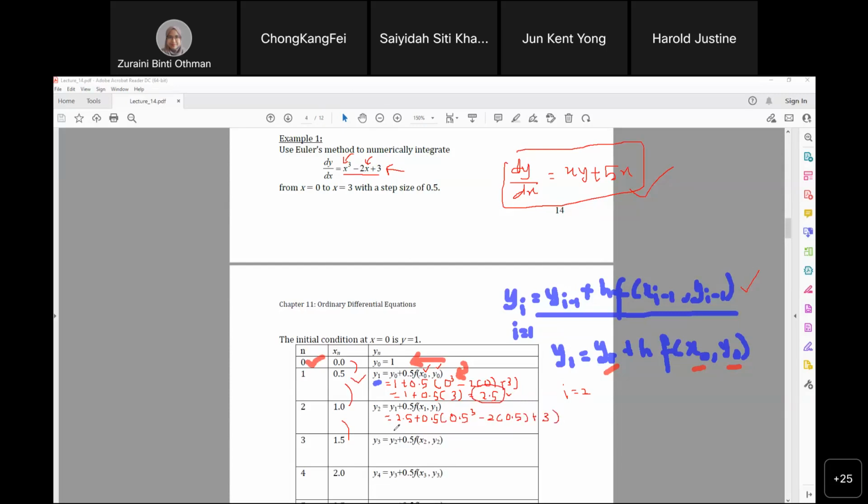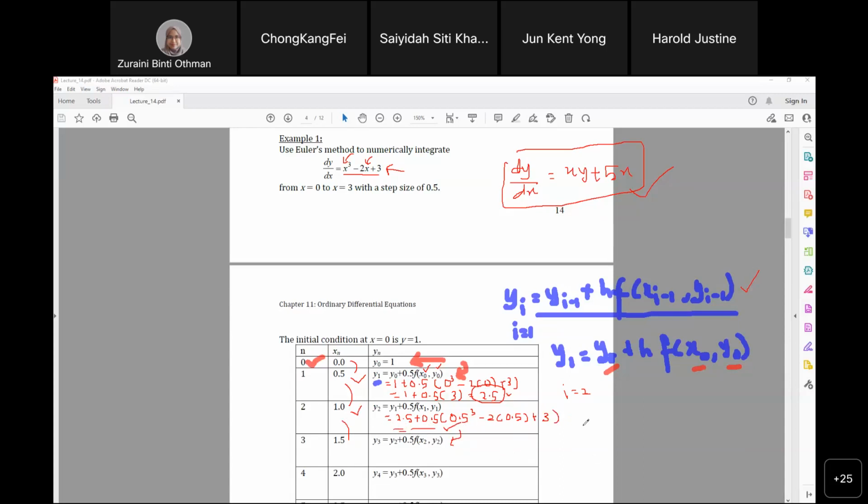Okay, so selesaikan yang ni semua akan dapat y2 here. Then after you get y2, you use this point x2, y2 to solve for y3.